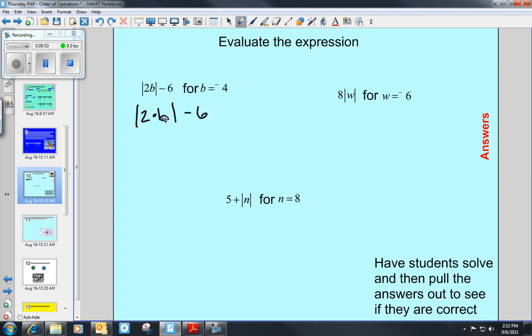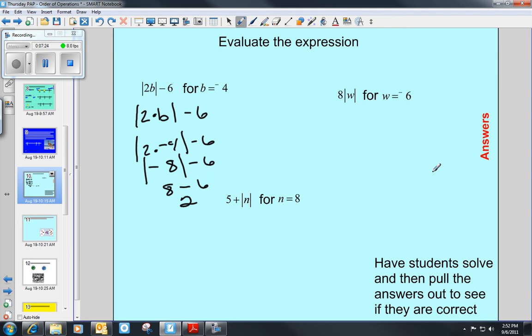Now the value of b is negative 4, so I can substitute that into my expression. The absolute value of 2 times negative 4 minus 6. 2 times negative 4 is negative 8. So now we have the absolute value of negative 8 minus 6. The absolute value of negative 8 is 8 minus 6, and that answer is 2.